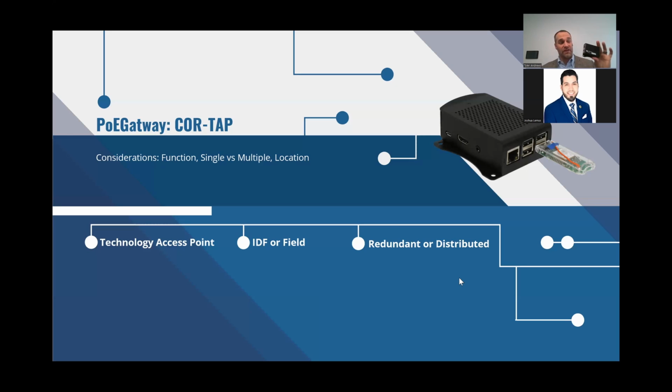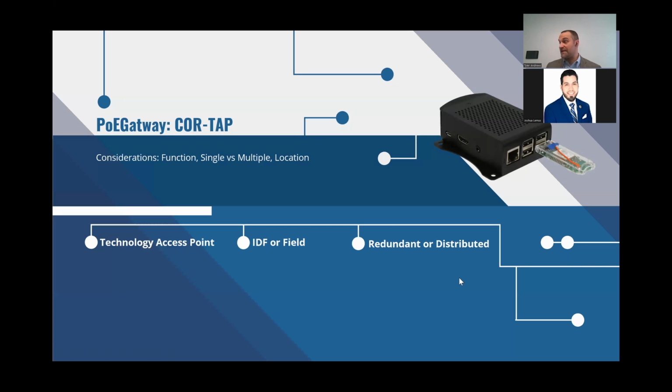Other manufacturers have similar functions. We use the tap as a way to communicate between multiple technologies. So not just PoE, our gateway can handle EnOcean, Bluetooth, Z-Wave, DMX, DALI. It can be a multi-platform that puts all that onto the network for you.